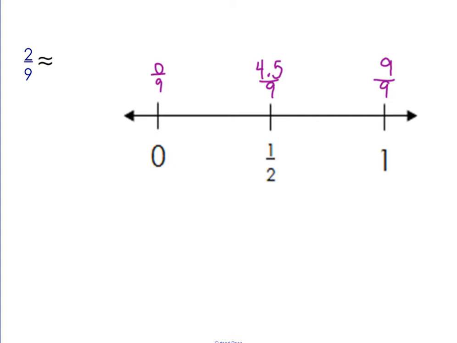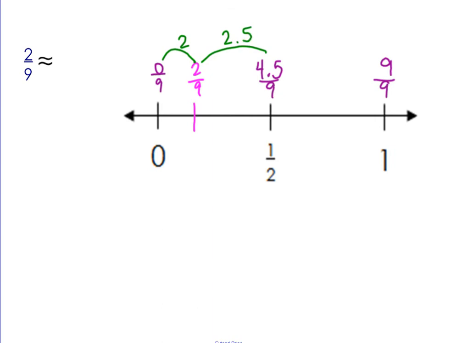Now, where do you think we would place 2/9 on the number line? If this is 0/9 and this is 4.5/9, 2/9 would probably come between here. So I'm thinking 2/9 is probably around here. Now the distance between the numerators between 0 and 2 is 2, and between 2 and 4.5 is 2.5.